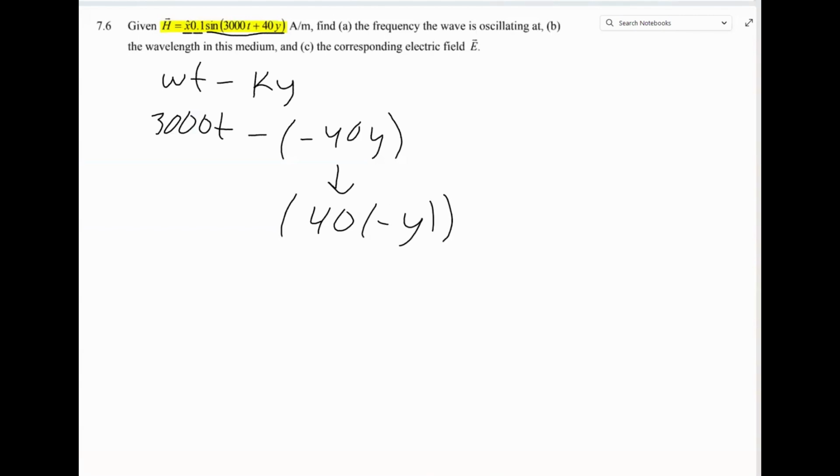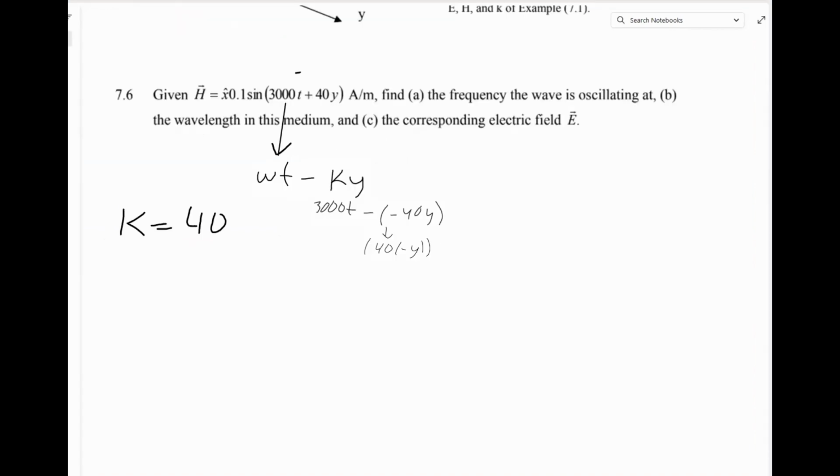I'm rewriting it in this way because it helps us determine what our k value actually is, which is still 40, but the direction is in the negative y-axis. And then we can say that our omega value is 3000.